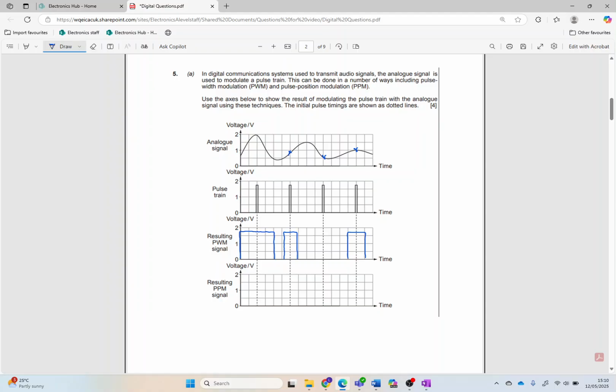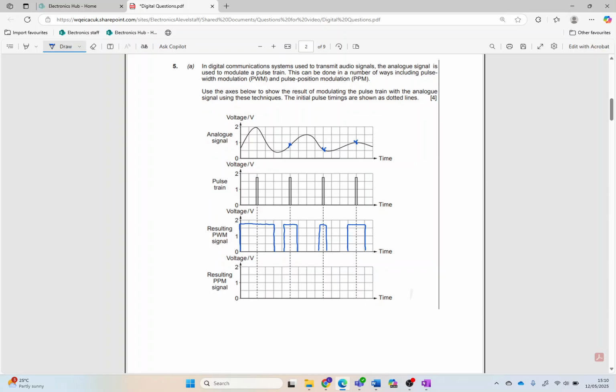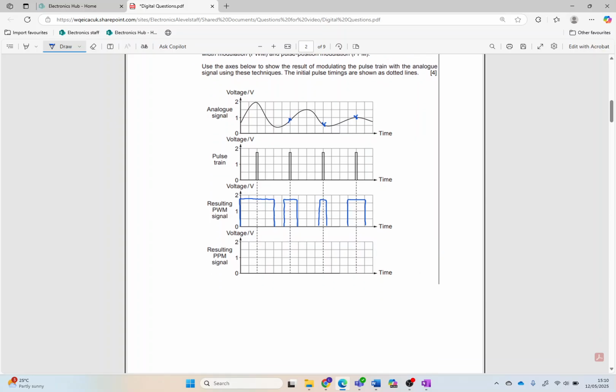And then this one is the lowest voltage, so then I'll make this one somewhere around about there. So they're all in proportion to each other. So that's pulse width modulation. The width varies according to the amplitude.